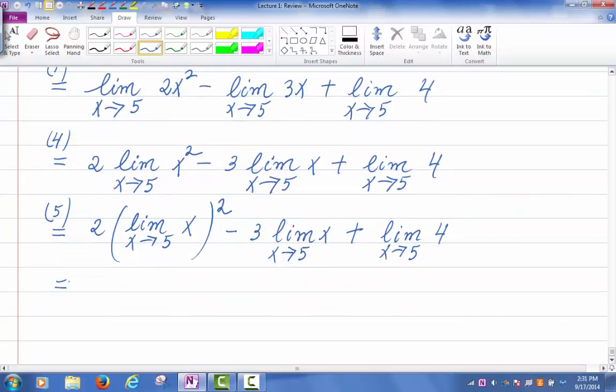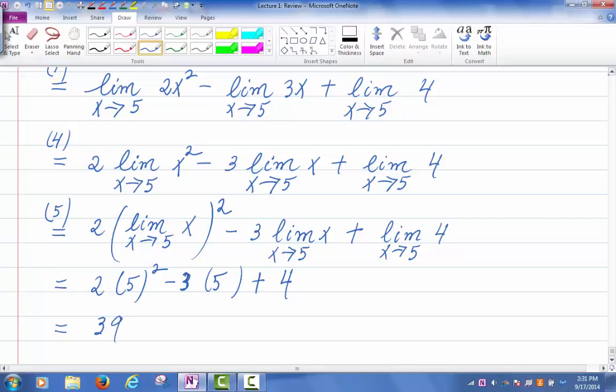And so what am I getting? I'm getting 2 times 5 squared minus 3 times 5 plus 4. Can somebody tell me what is that? How much is that? 39.